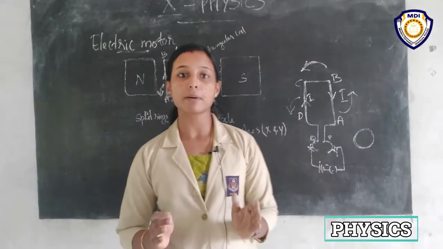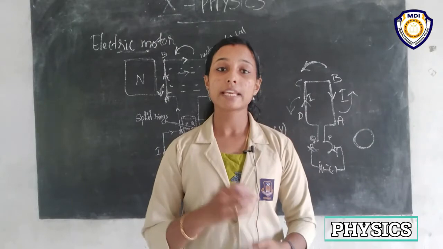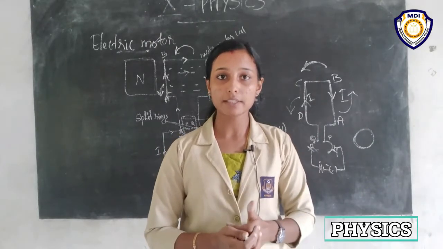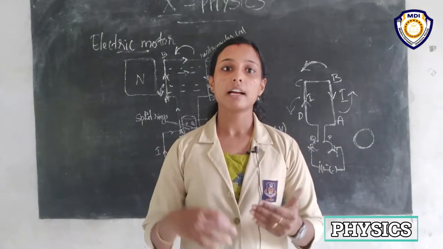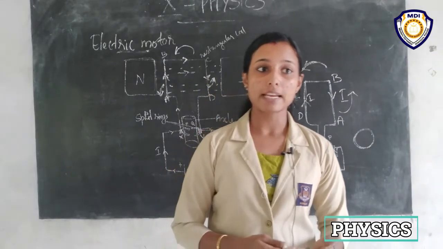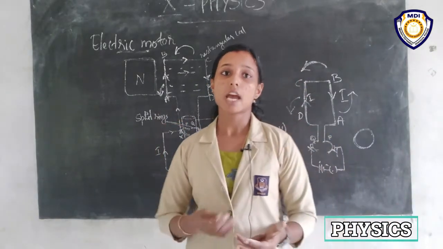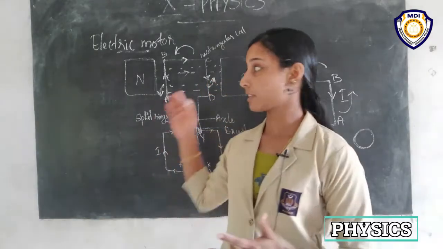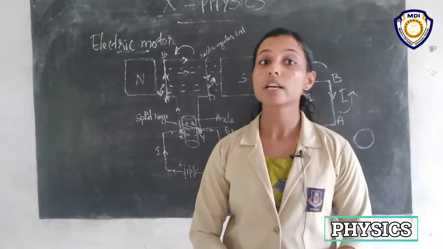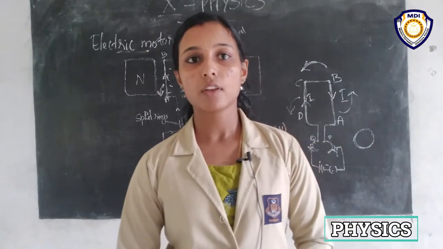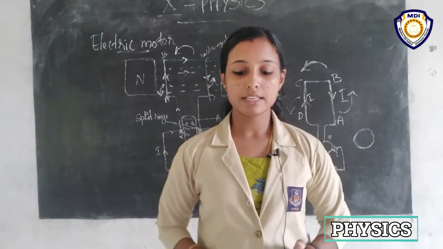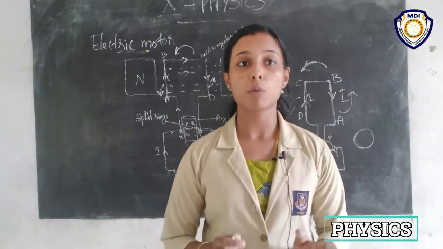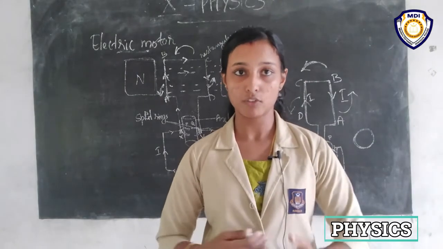So for commercial purposes we increase the power of the motor by using electromagnets instead of permanent magnets, increasing the number of turns of the coil, and using an armature. These are the basic principles of how an electric motor works.